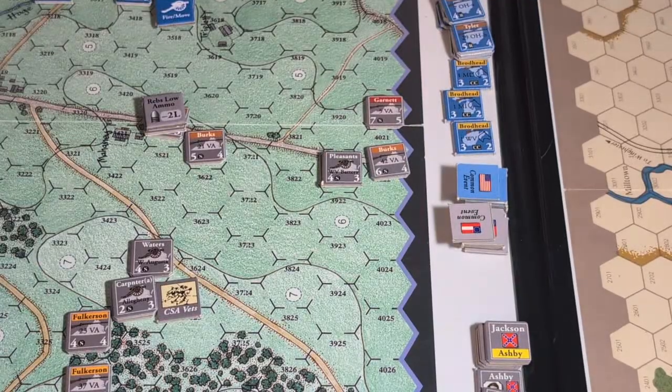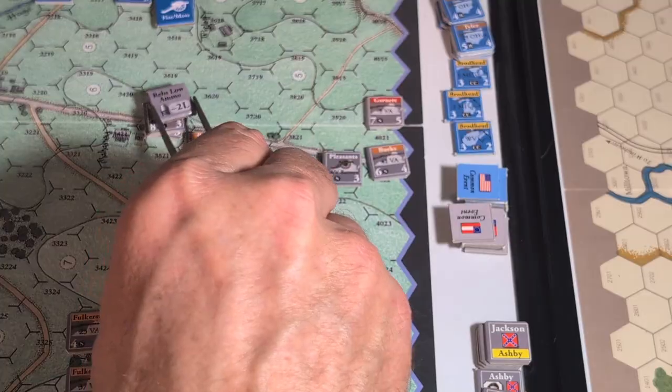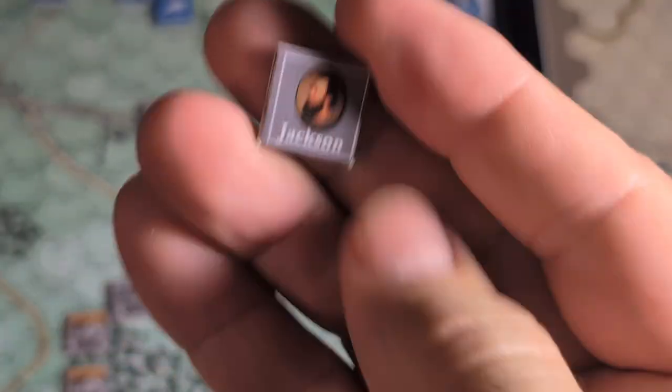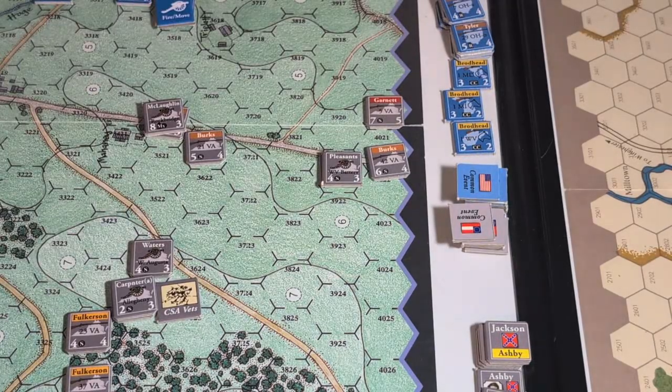Find ammo. I need to remove a low ammo marker. We can remove this now. Okay. Jackson. All right, so who does Jackson want to move?